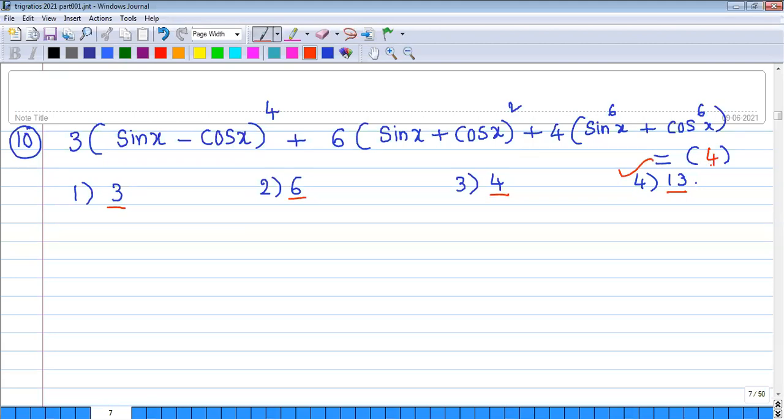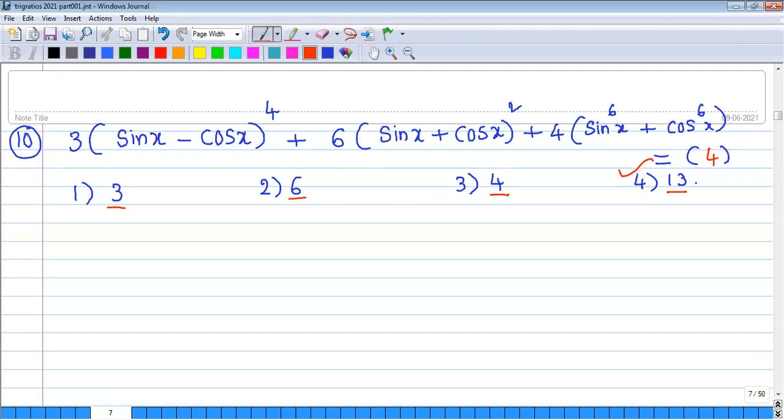Okay, I will tell you one clue also. See, in the question we have sin x and cos x, but in the answer we don't have x, only a constant fixed number. Am I correct? That is the first observation we need to make.